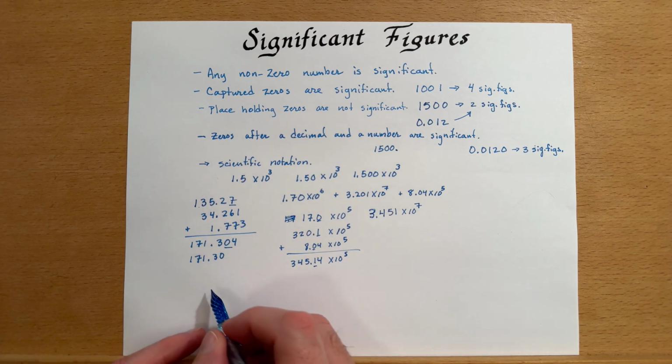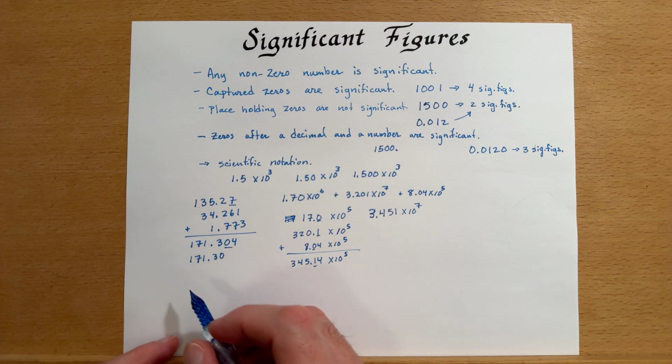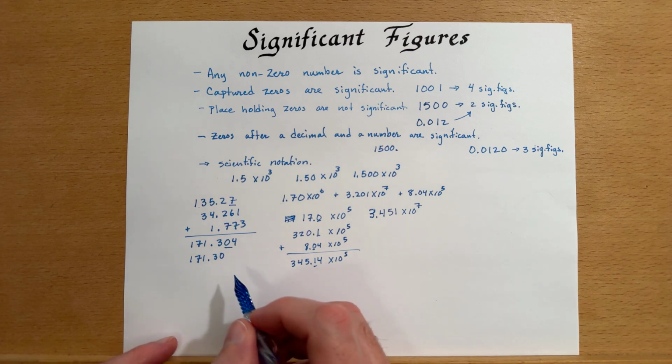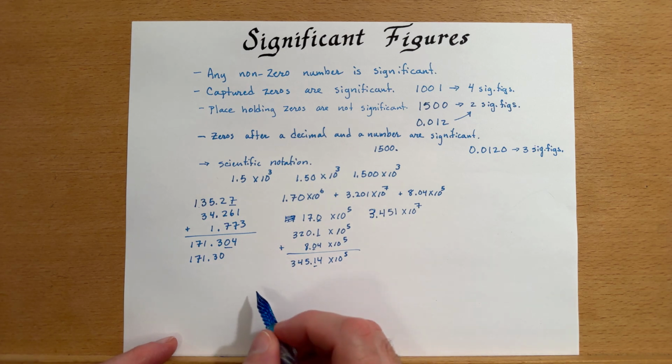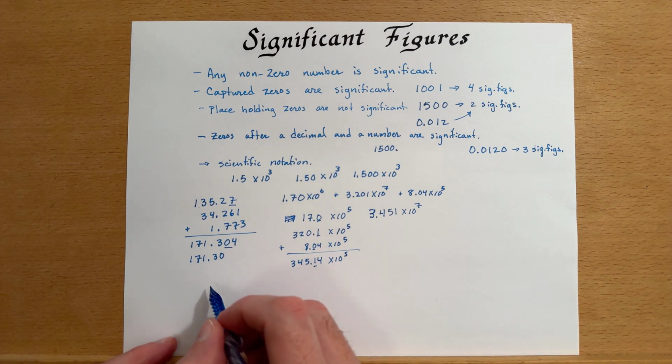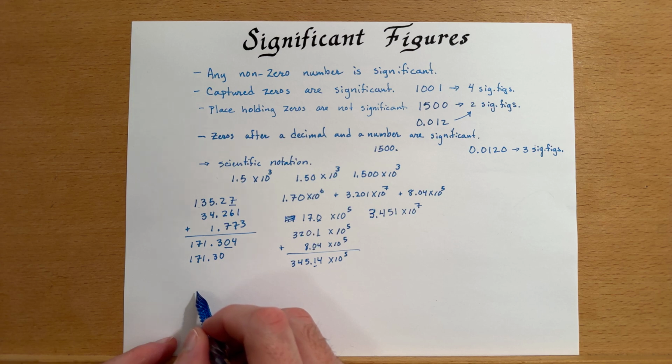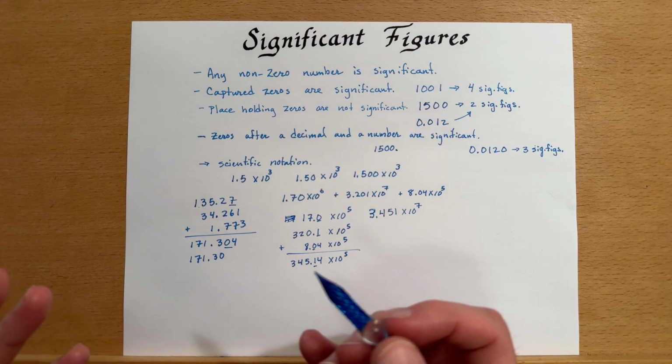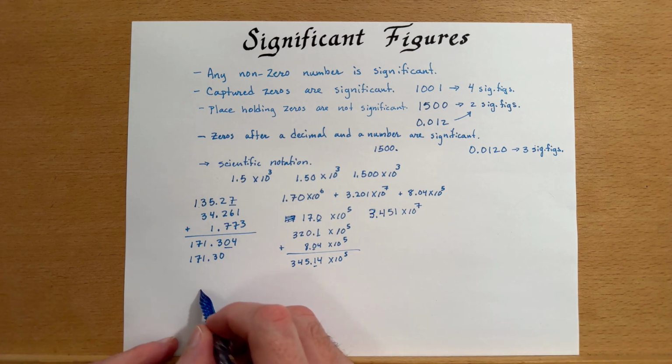Now, for multiplication or division, we use the fewest number of significant digits, and we round our answer off to that. And so I just have an example for that.